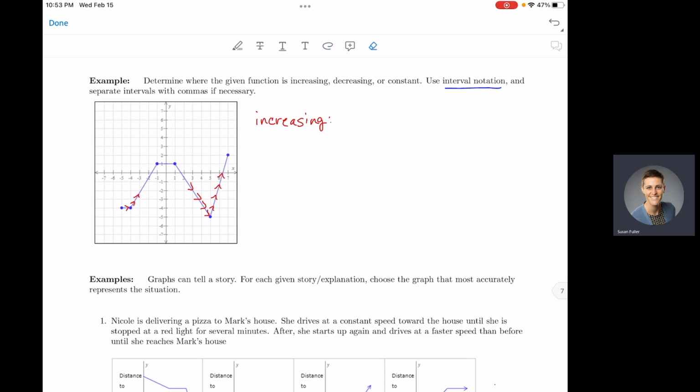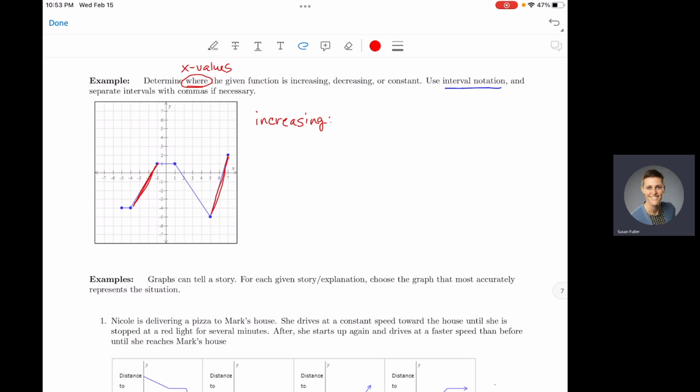I think this got a little busy with the tracing, so I'm just going to simplify this a little bit. And just this section and this section are the increasing bits. The way that we're going to refer to each of these, it says where the given function is increasing. That means we are going to refer to this by the x values. If we are talking about where something happens, we're usually going to be referring to the x value.